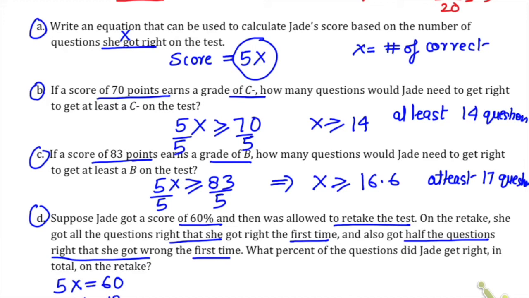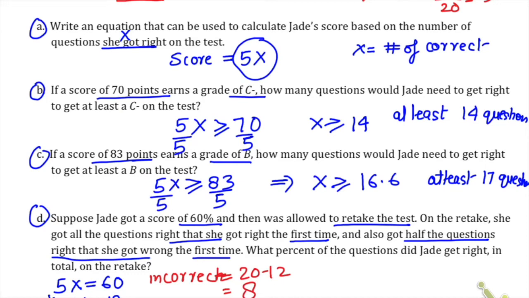That's the number of correct questions. If she answered 12 questions correctly, what is the number incorrect? There are 20 questions total, so incorrect is 20 minus 12, which means she got 8 questions incorrect.